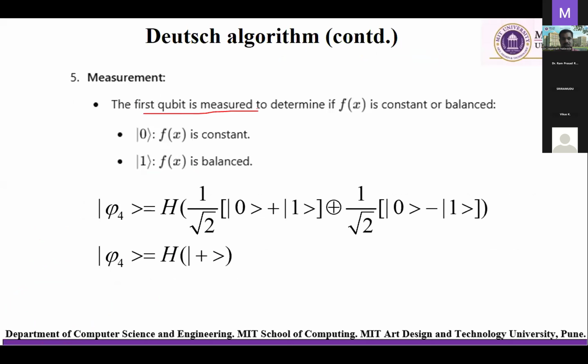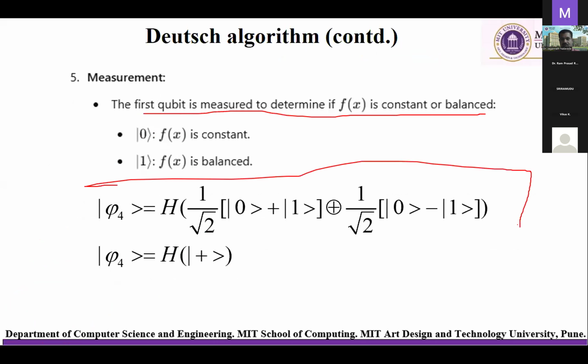The first qubit is measured to determine whether f of x is constant or balanced. If it is ket 0, then f of x is constant, and if it is ket 1, then f of x is balanced. So the outcome at the last stage, from ket psi 4, will be in the form of a 0 state or a 1 state.